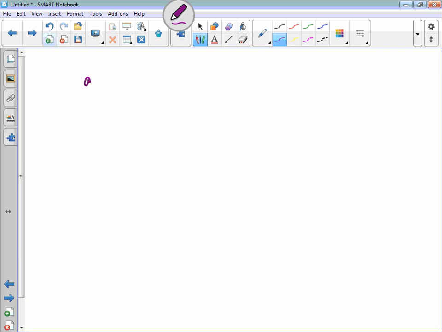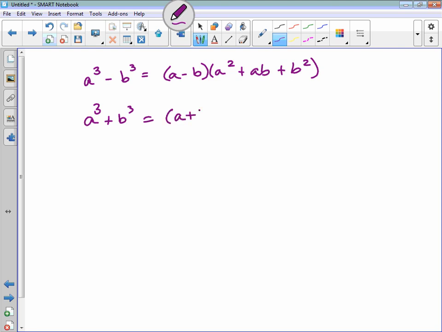It's a cubed minus b cubed, which is a minus b, so that's the same sign, and then a squared plus ab plus b squared. If it starts out as a sum, your signs just change. So it's a plus b, a squared minus ab, still plus b squared. The whole same opposite, always positive.